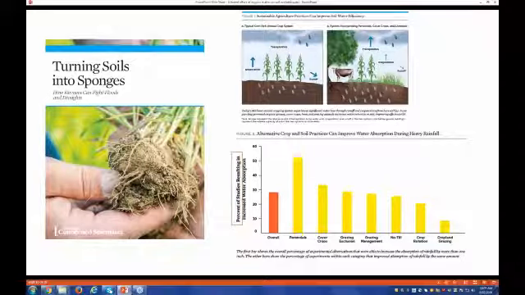And we also have reports. This is one report from the Union of Concerned Scientists that says how farmers can fight floods and droughts by increasing organic matter. But what we need to see is that what they are promoting is not just adding organic matter, but the whole system.